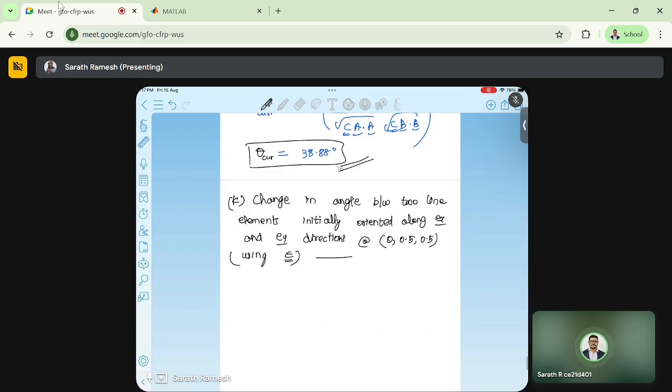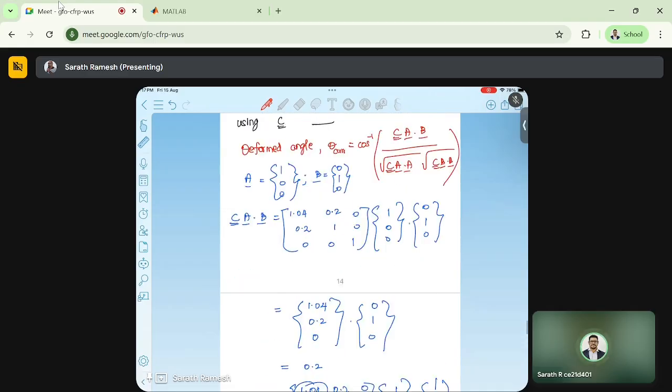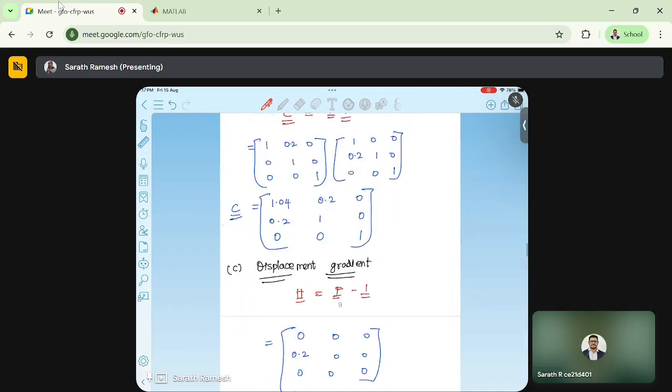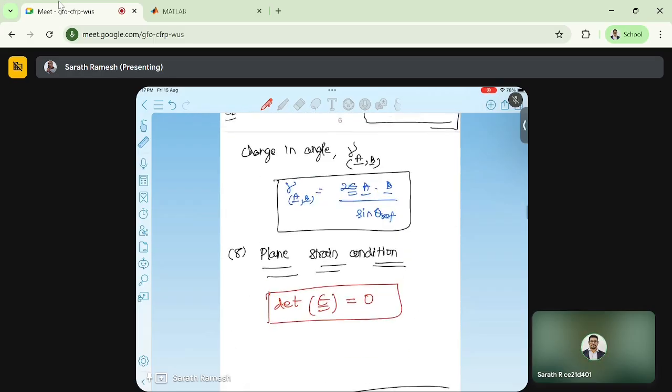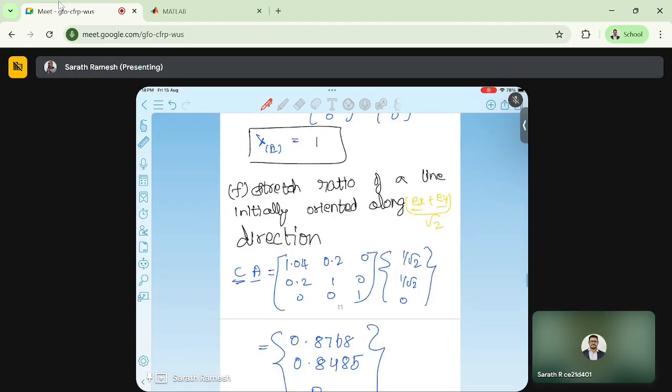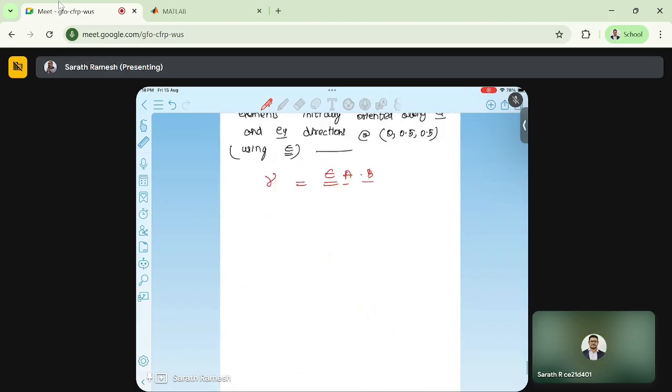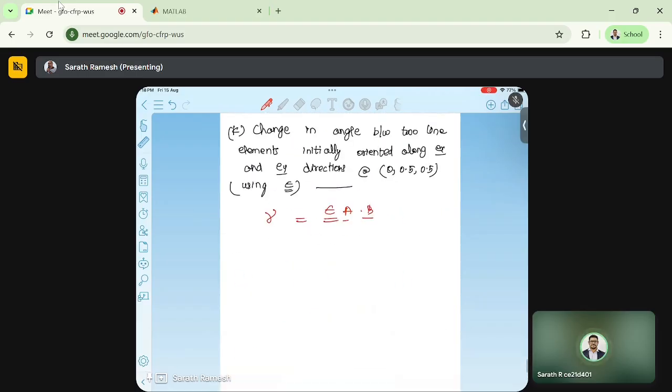Fine. So how will we find a change in angle? Change in angle gamma is equal to 2 epsilon A dotted with B divided by sine theta ref, right? We have seen this. Let's use that formula.